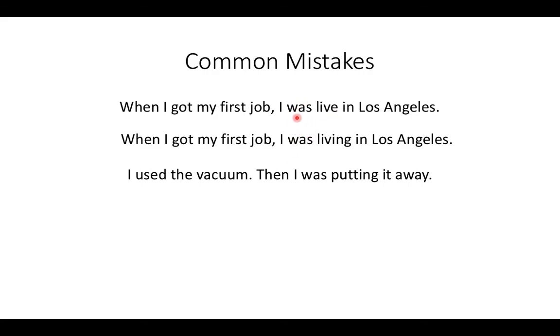But if you said I was live, that's incorrect, because live is present tense and it's next to past tense. In order to put a present tense next to the past tense, you need to put ing. I was living in Los Angeles.